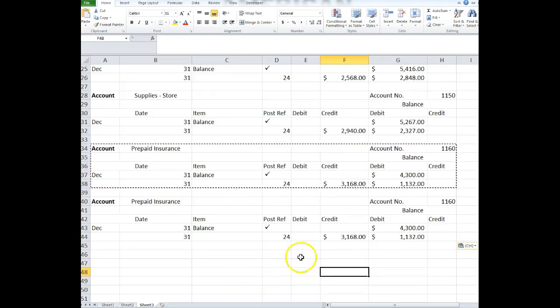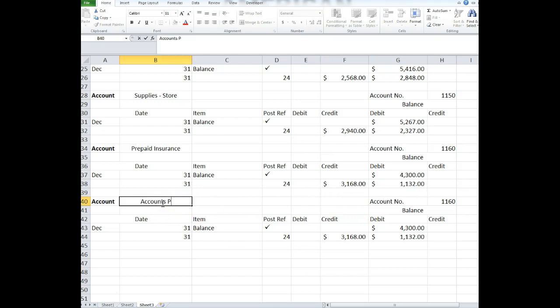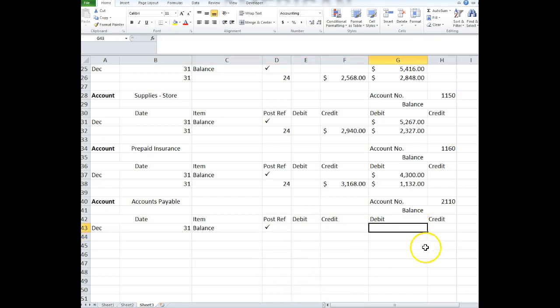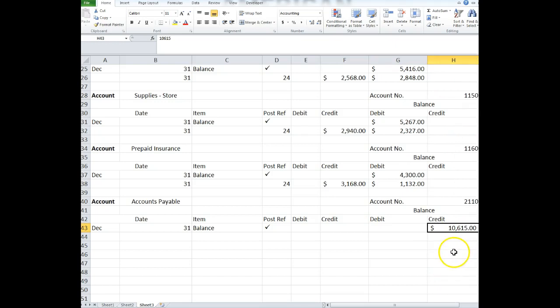All right. So then we have accounts payable. Okay, so our accounts payable, $10,615 credit.